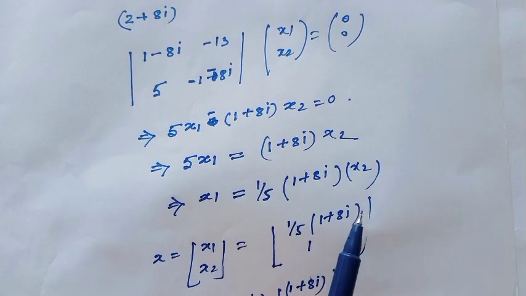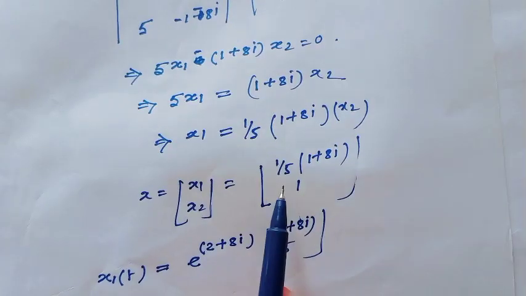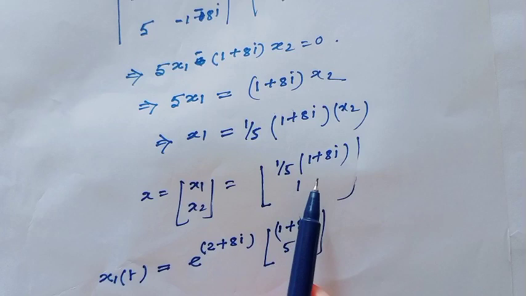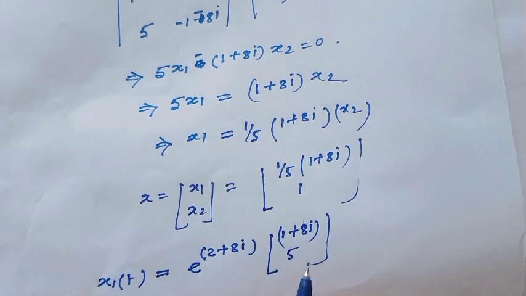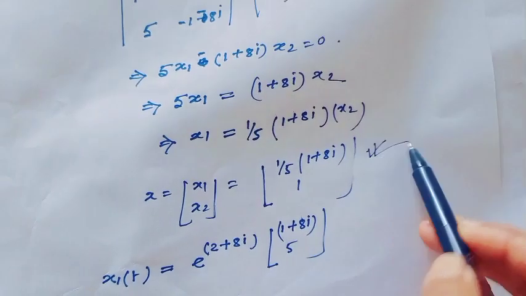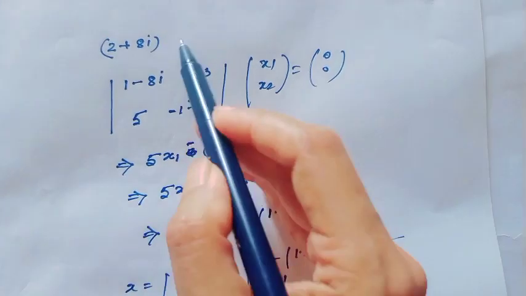Consider x2 equal to 1, then the eigenvector would be (1 over 5)(1 plus 8i), 1. Therefore, this is the eigenvector with respect to the eigenvalue 2 plus 8i.